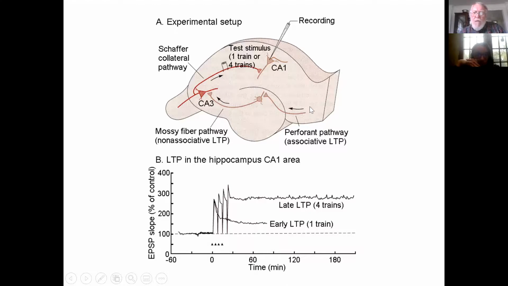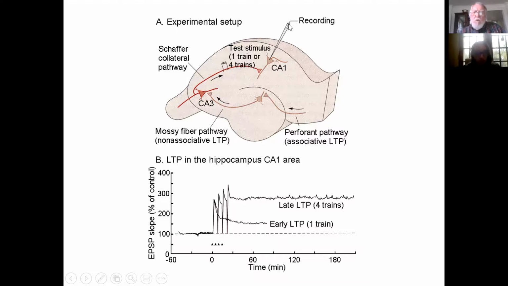And the perforant path, of course, is a pathway going into the hippocampus. And then you have a mossy fiber area from the dentate area to CA3, which is mossy fiber, non-associative LTP. And then you have interactions between CA1 and CA2 and CA3.